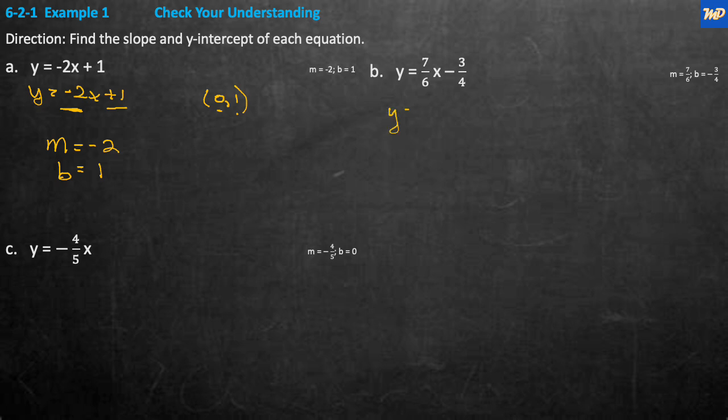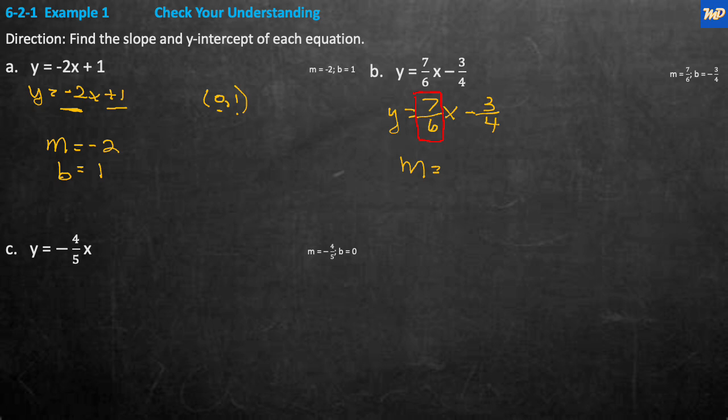Y is equal to 7/6 x minus 3/4. Well, we've now learned that m is the coefficient of the x variable. Let me get a red. I'll just highlight this piece right here, the coefficient of the x variable.